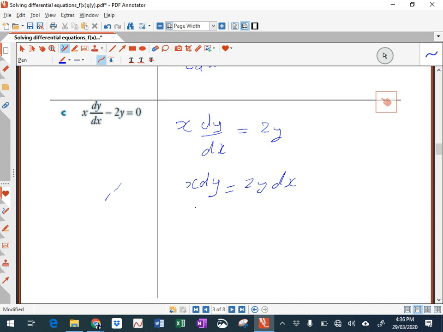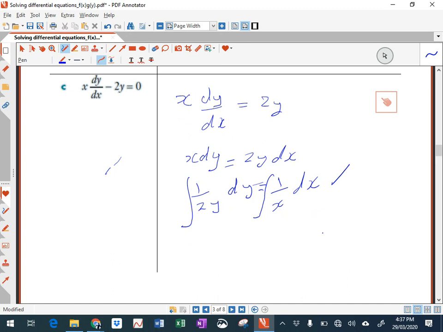So I should end up with 1 on 2y dy equals 1 on x dx, right? And then integral of that, integral of that, I've done it. So yep, both of those, the variables can be separated. That's true. Okay, no problems there.